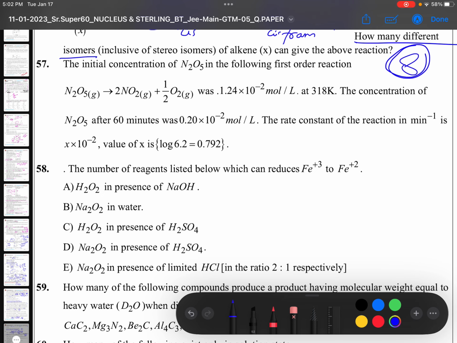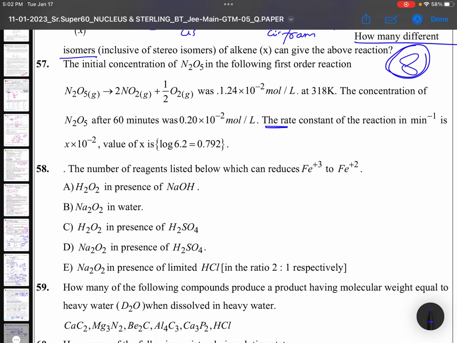57th question. Initial concentration of N2O5 in the following first order reaction, the concentration of N2O5 after 60 minutes. The rate constant of the reaction in minutes he is asking. So K equals 2.303 by T log A by A minus X is our formula.